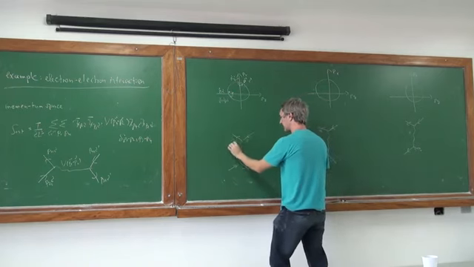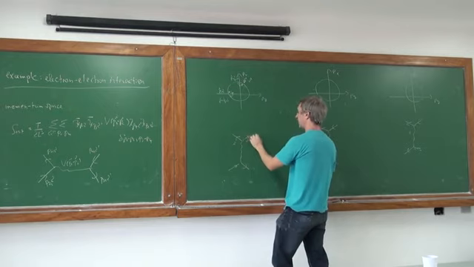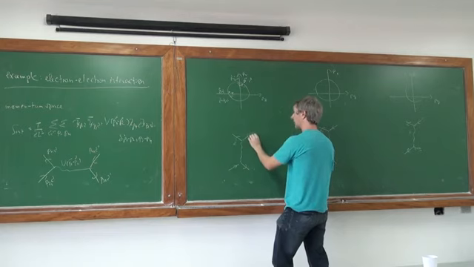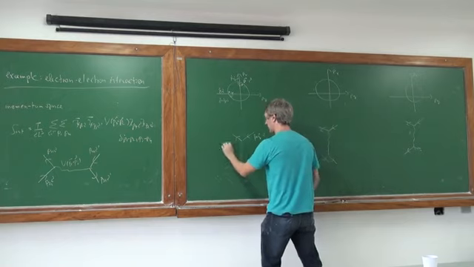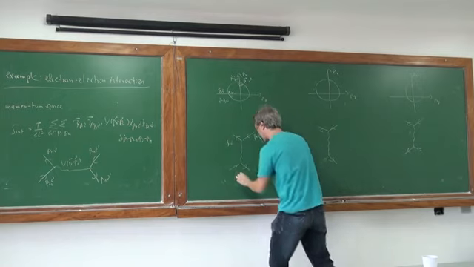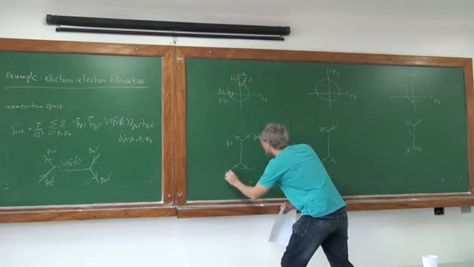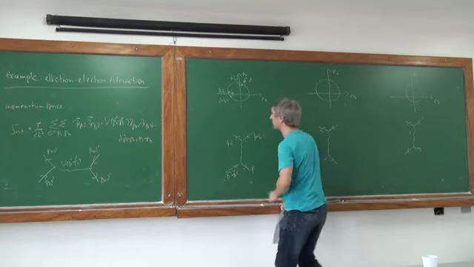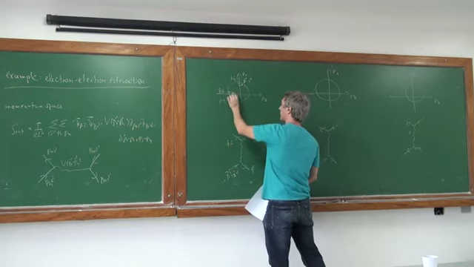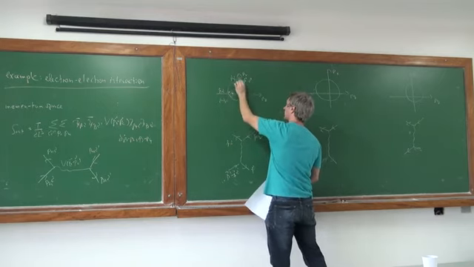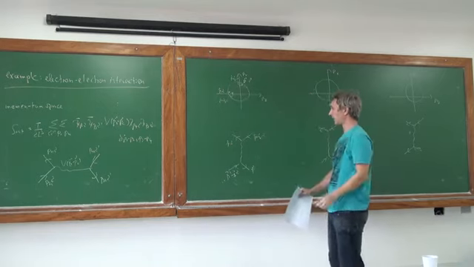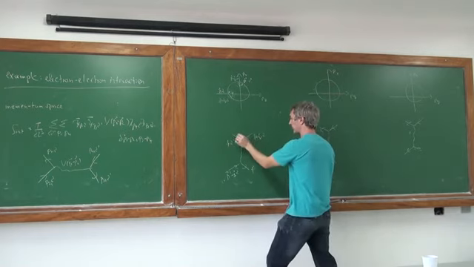If we draw here the same spin, we would have here P plus Q sigma, and here P sigma. And here we have P prime minus Q sigma prime, and this is P prime. Okay, so thinking of this here being the relevant channel, this would correspond to the density channel.